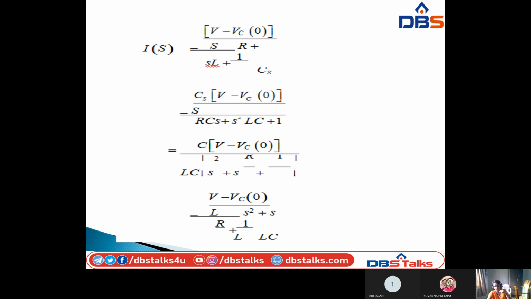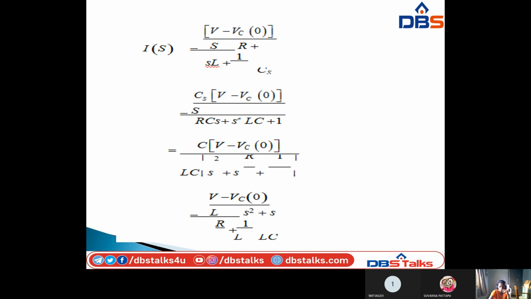So here, C into V minus Vc of 0 by S, divided by S L C S square plus R C S plus 1.